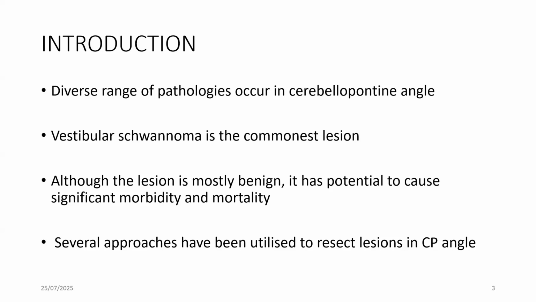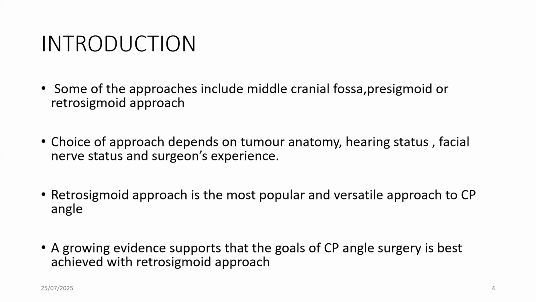Several approaches have been utilized to remove lesions in this angle. Over time, these approaches have been refined until this period, when we have a modern approach to these tumors with a very good success rate.